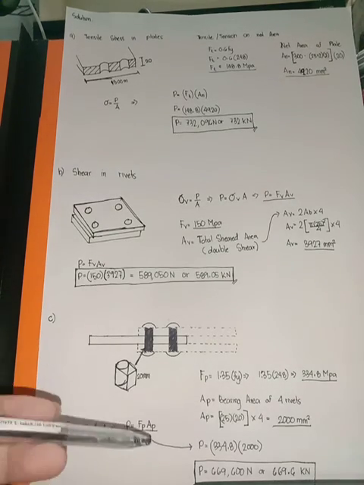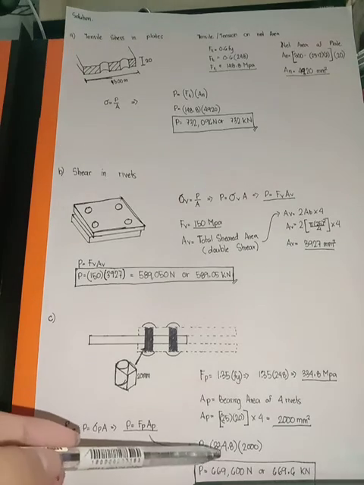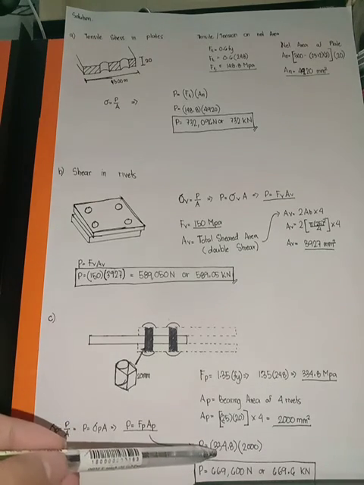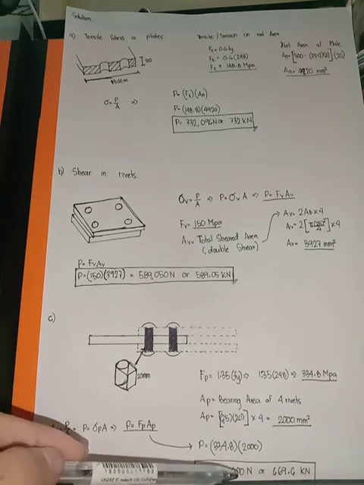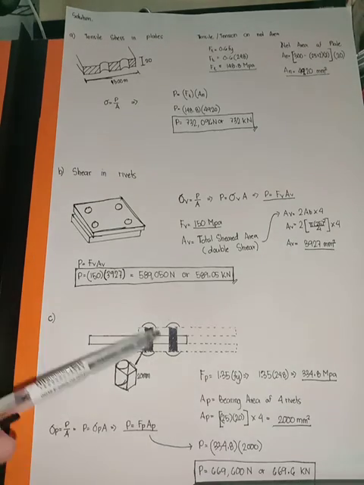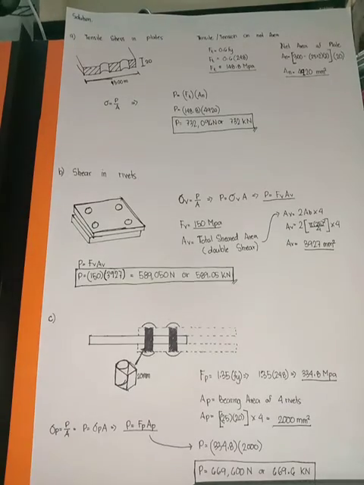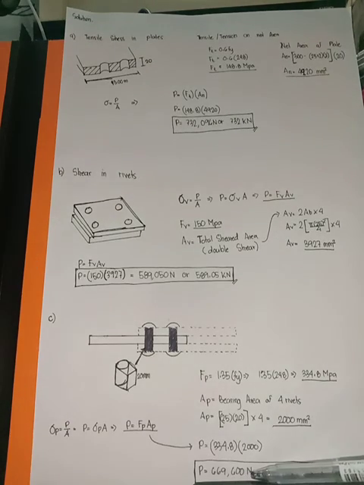So our P is equal to the bearing stress, which is equal to 334.8, times 2,000, which is the area. So our answer is 669,600 Newton, or if we convert into kilonewton, we have 669.6 kilonewton.